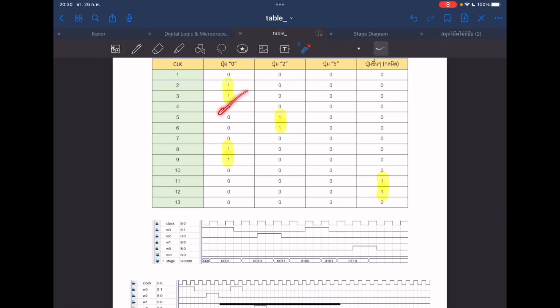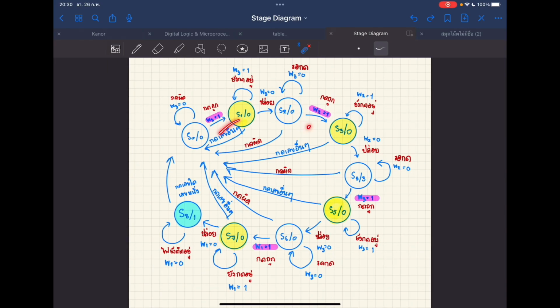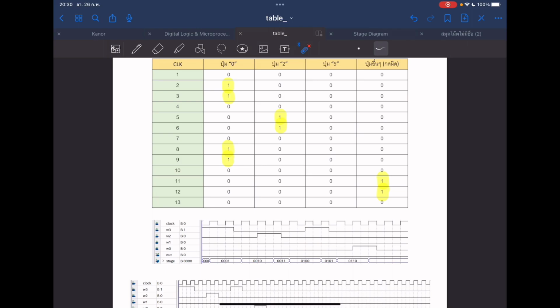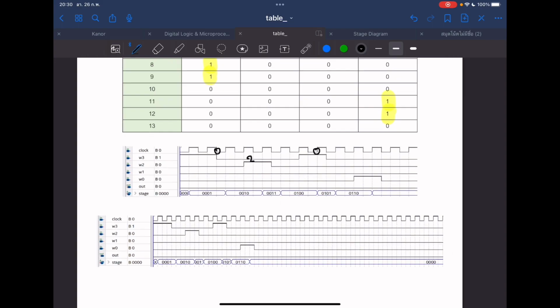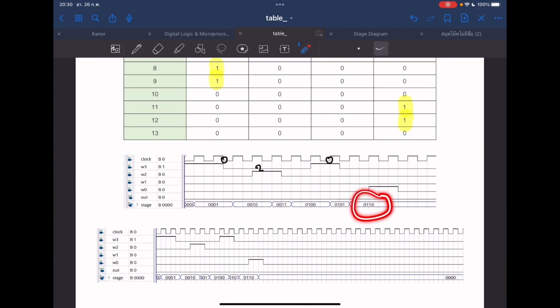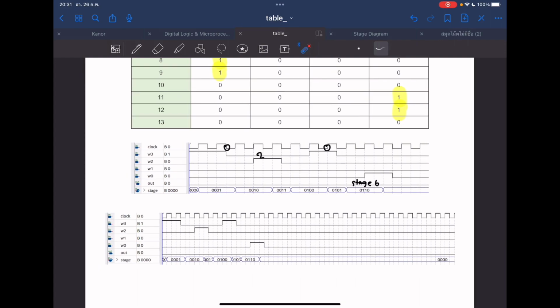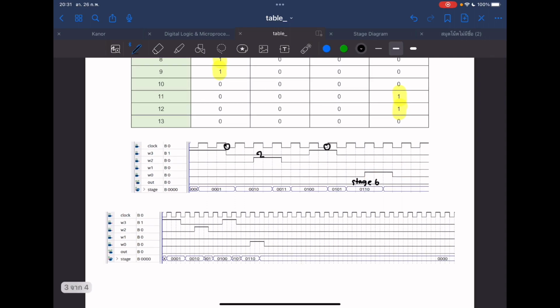So we press 3 numbers right, 3 numbers right, and then we release, it should be on stage 6. 0 to 0. Yes, it is on stage 6. And then W0 is wrong switch and we press it. Then it goes back to stage 0.